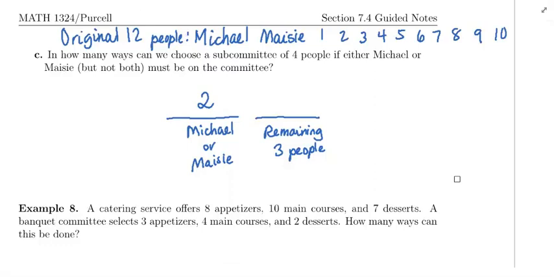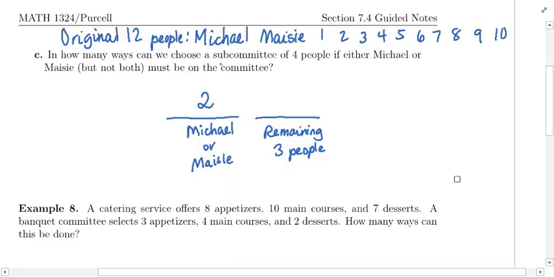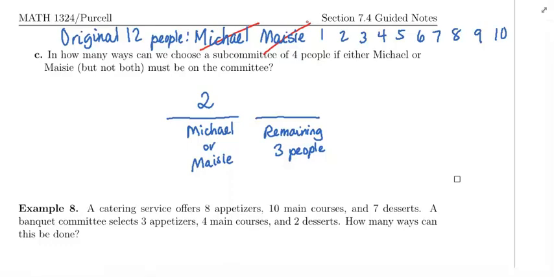So what's happening now is the first position on this subcommittee is going to go to Michael or Maisie, one of them, but not both. We've already handled them, so I'm going to scratch them out. There are 10 people remaining from which to pick the 3 people for the 3 positions that are left.